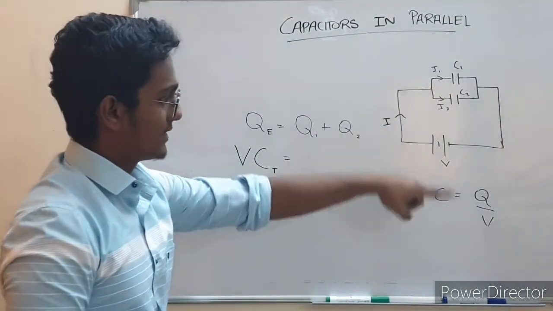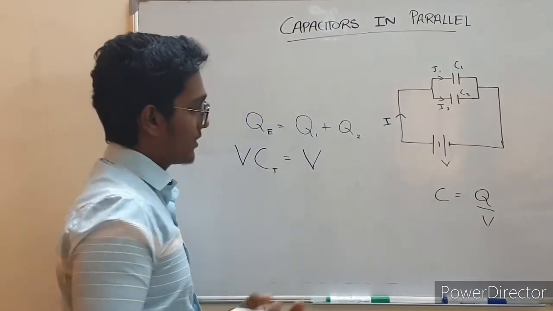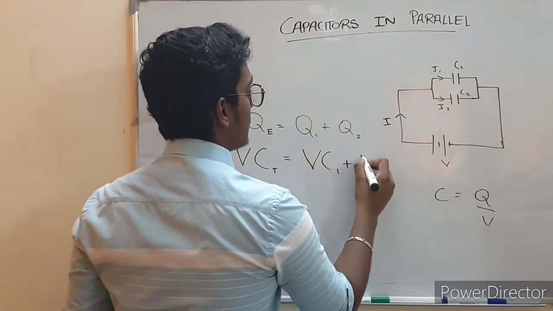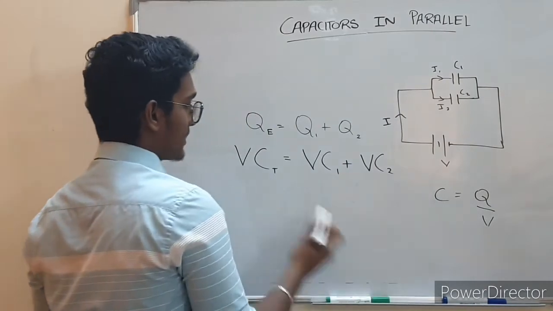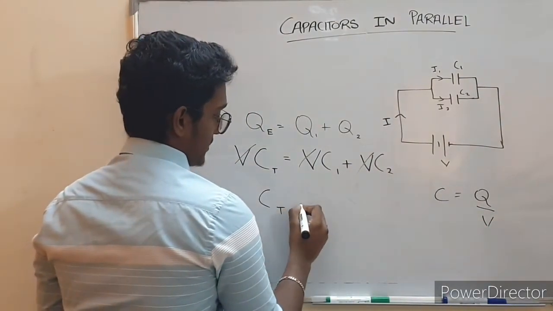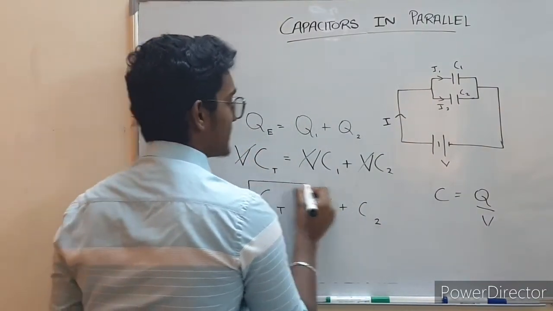The charge in capacitor 1 will be given by, voltage remains the same in parallel circuits, so it's again going to be V times C1, plus V times C2. V is common. So you have the final formula, which is total capacitance equals sum of individual capacitors.